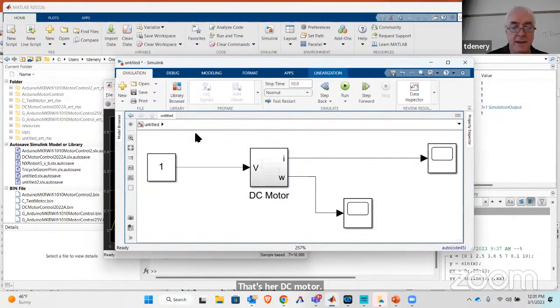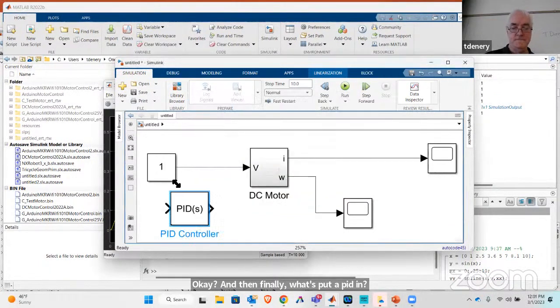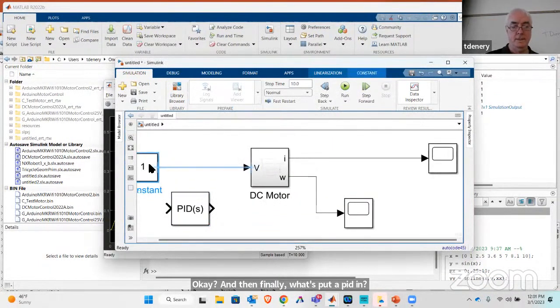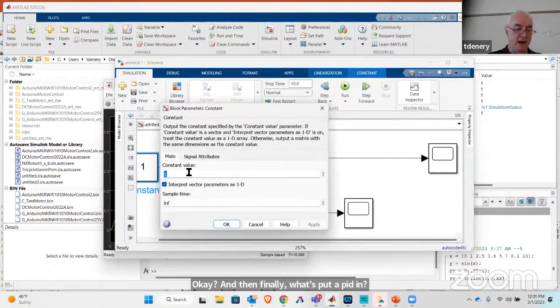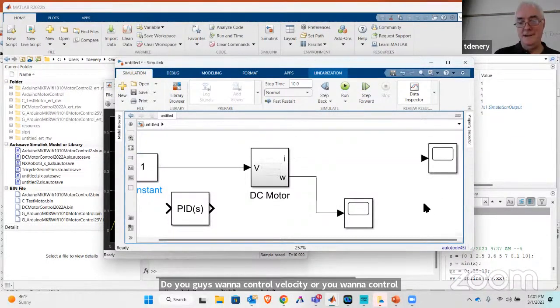Okay, and then finally, let's put a PID in. And like, do you guys want to control velocity or you want to control position? That's easy.